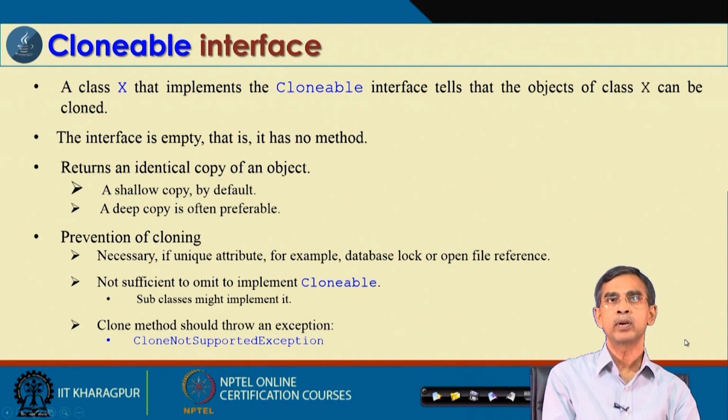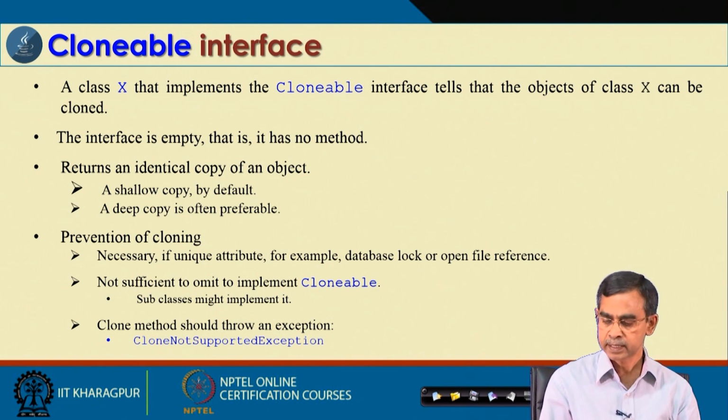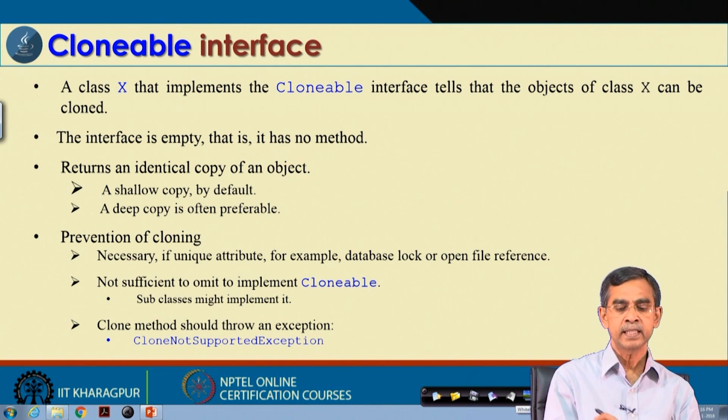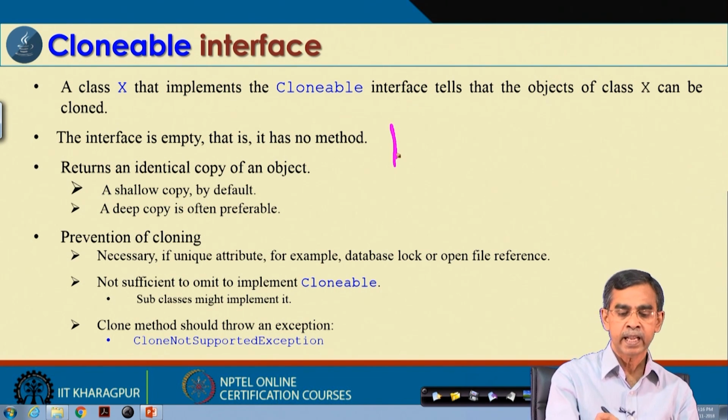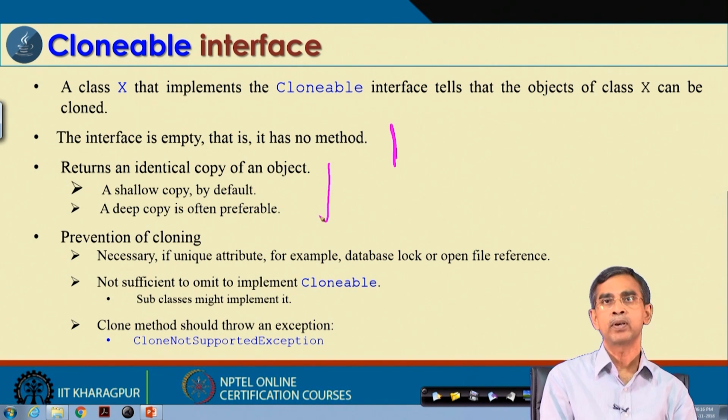Now, Cloneable is another interface, basically to implement a class which can create a copy of an object. Cloneable means it will make a copy of the objects. As we see here, this interface is in fact new of its kind, it does not have any method, it is basically empty, and it helps us to have a copy of an object. The copy may be of two types, shallow copy and deep copy.